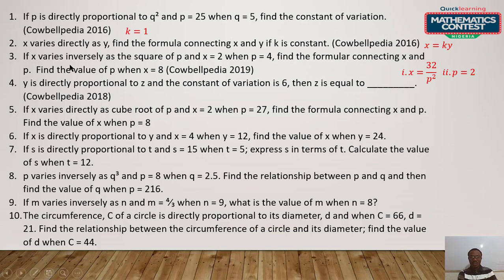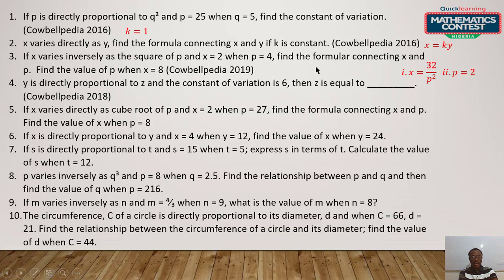For the first one, to get the relationship between them, first of all, we have to get the value of the constant k. We're told that x varies inversely as the square of p, so we have p squared there. But p is 4, so 4 square is 16. Take note it's inverse, so 2 equals k over 16.